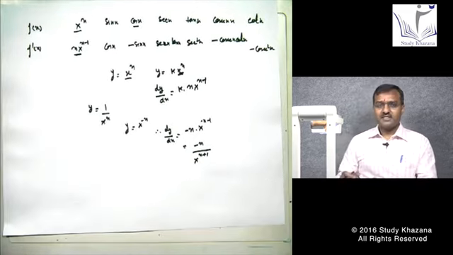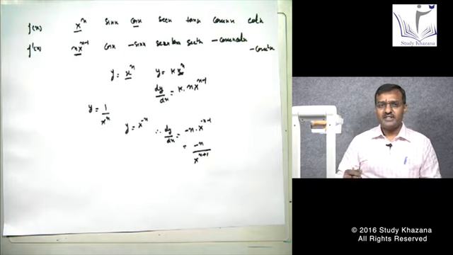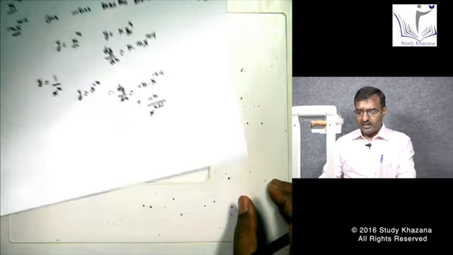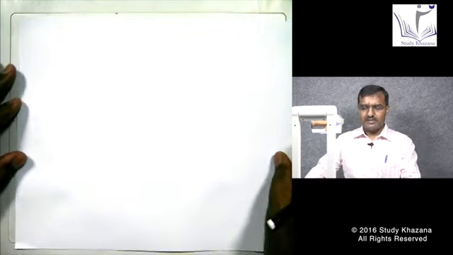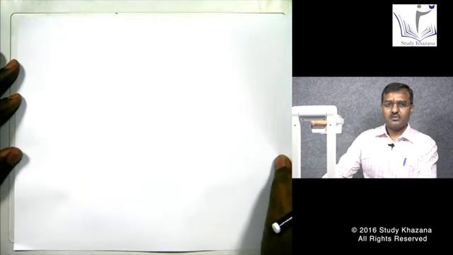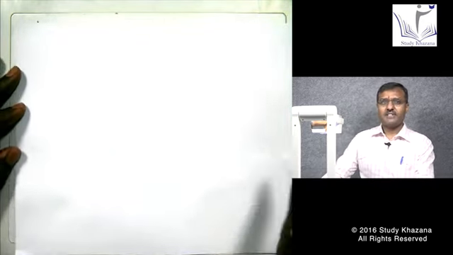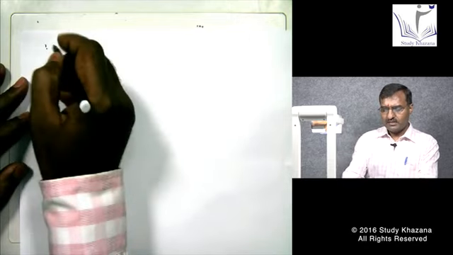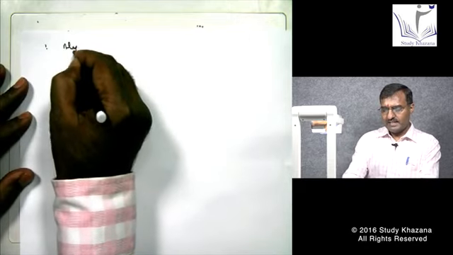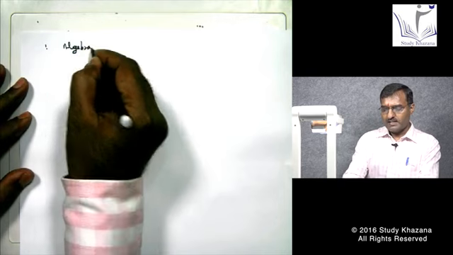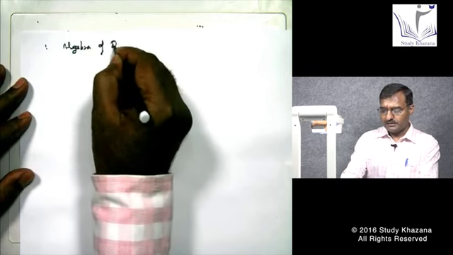Now this is what we study for the simple standard functions. Now I will start with the basic rules of how to find the differentiation of various functions. First let us start with the algebra of derivatives.